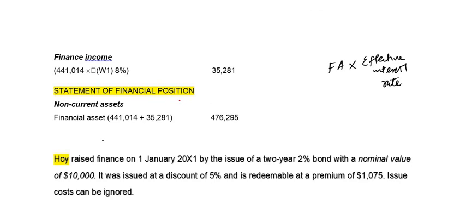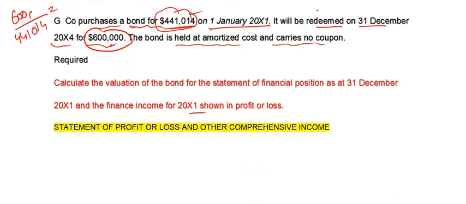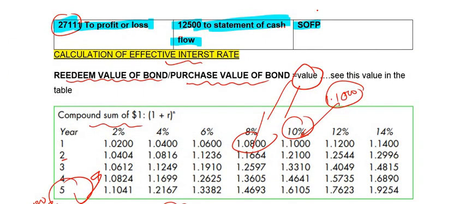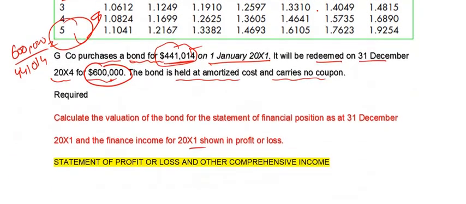If you see here, we will have this amount after using that working: redeem value of the bond divided by purchase value.